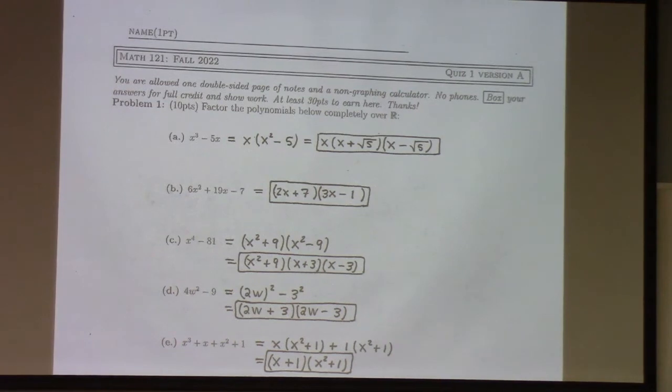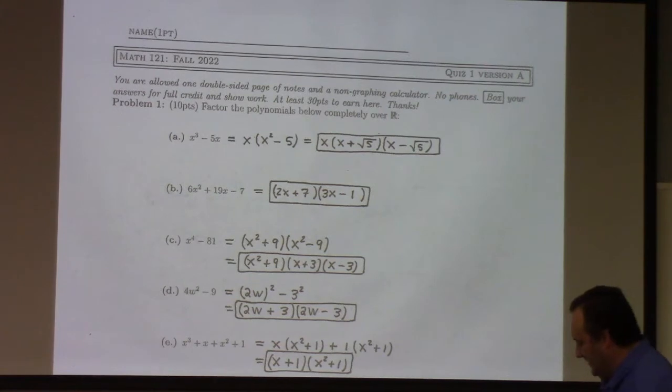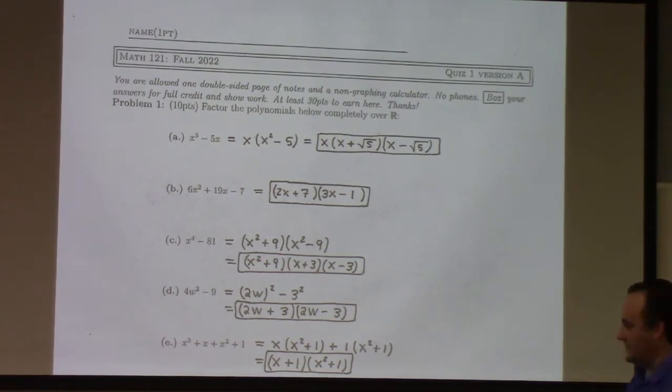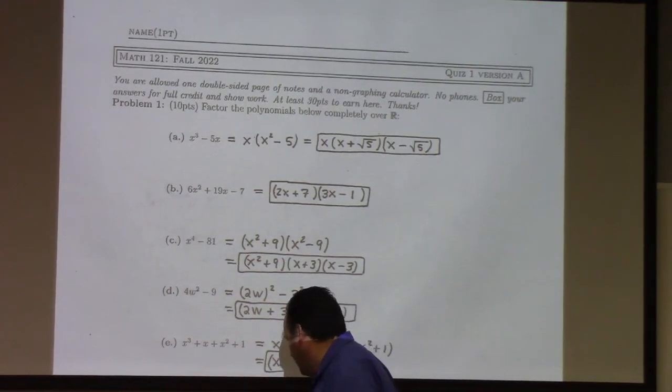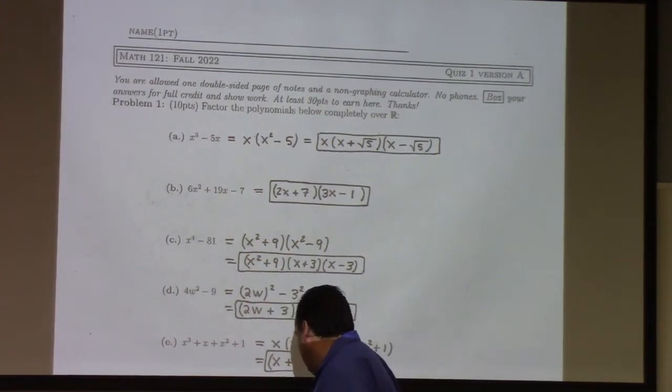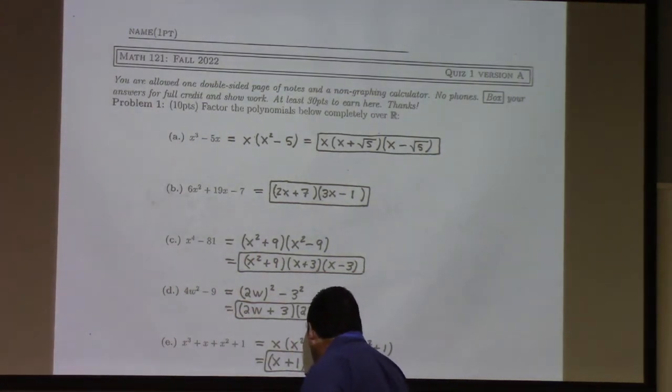Whenever you're trying to factor just two things, always think about difference of squares as a potential way to do it, right? So much of what we've done in factoring has really come back to this formula, right? a squared minus b squared is a plus b times a minus b.